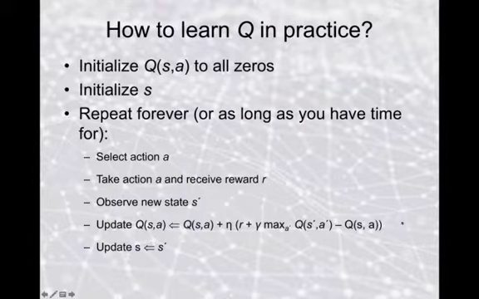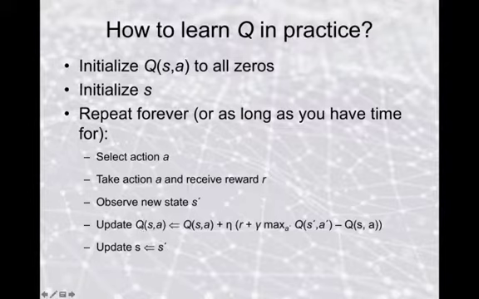Believe it or not, this is just taking the optimal Bellman equation and turning it into an iterative update formula. It should remind you of the temporal difference formula we had before, but now for Q values. So what does this say in essence?